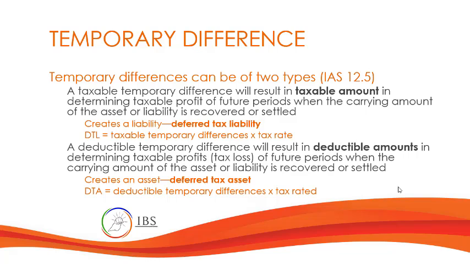Now, a deductible temporary difference will result in deductible amount. Okay, so determining taxable profits or loss of future periods when the carrying amount of the asset or liability is recovered or settled, and it creates deferred tax asset.